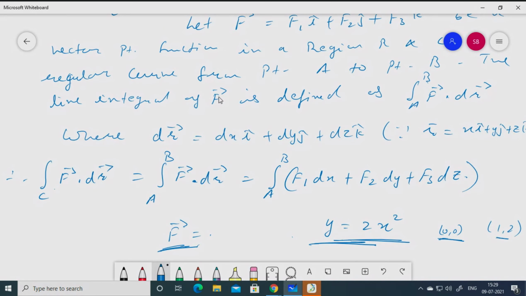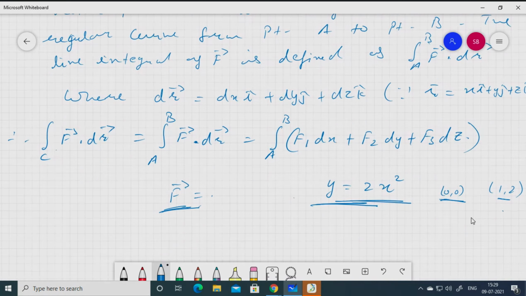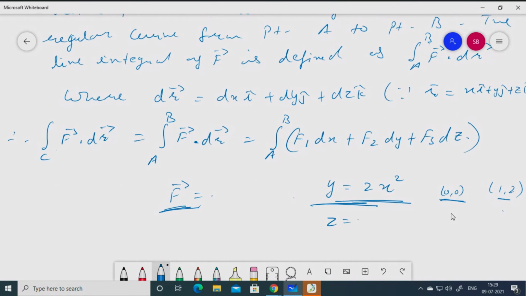Now clearly I mentioned this curve is in the xy plane between these two points. So in the xy plane, what will be the z value? Zero. In the xy plane z will be 0 and dz will also be 0.